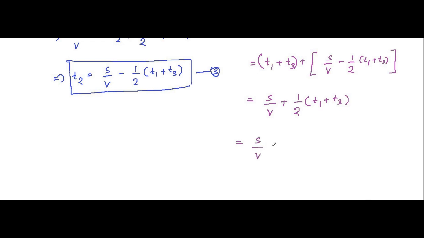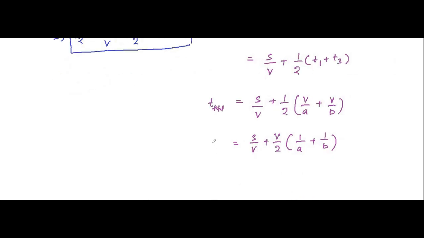The total time is S by V plus 1/2 into T1, which is V by A, plus T3, which is V by B, which is equal to S by V plus V by 2 into 1 by A plus 1 by B. That is the total time taken.